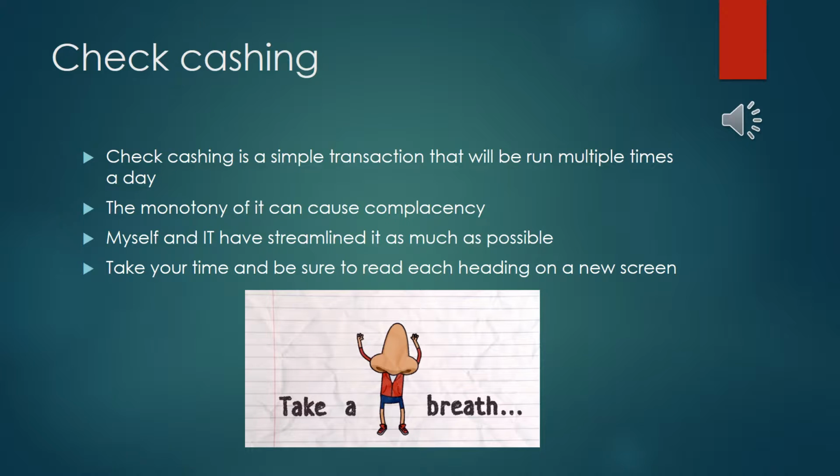Alright, so first up, let's just go over check cashing a little bit here. It's a pretty simple transaction that you guys are going to run multiple times a day. That being said, monotony can cause complacency, and that's where we're finding the errors are coming in.